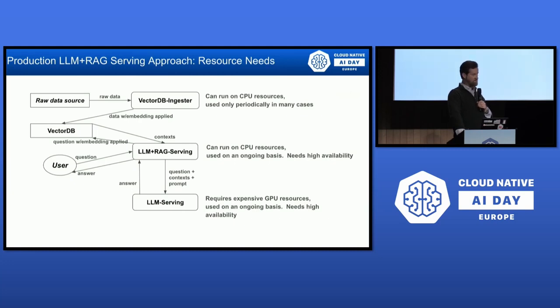Your LLM serving component is where you're going to need something a little bit more exotic in the form of most likely a GPU, although as we've heard earlier today, there's options where you might be able to use an accelerated CPU for this too. But the point is that there are different resource needs and also different availability needs for each of these different parts.